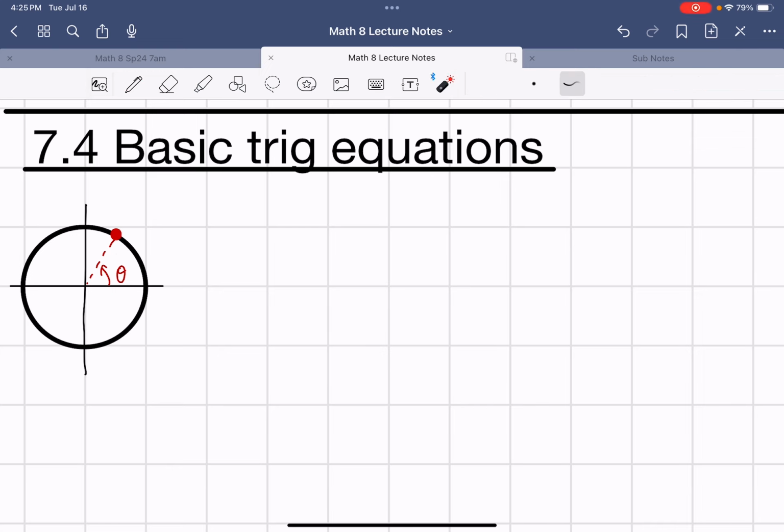Now, something that we have to be careful with when it comes to doing these equations is this same exact terminal point can happen in two different places. If we're talking about, let's say, for example, the y coordinate of that terminal point, these two y values are equal to each other. So we have to take all these into account.